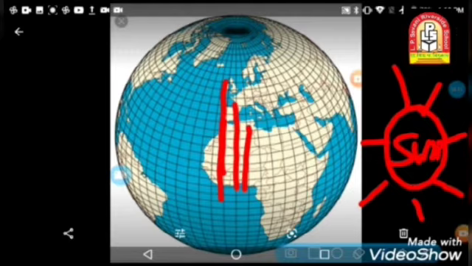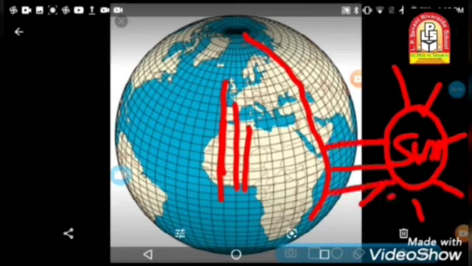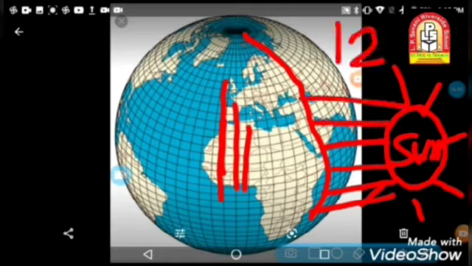Now, how is the time decided? When any longitude faces the sun, if the sun rays fall directly on this longitude, that time is 12 o'clock in that particular part, right?